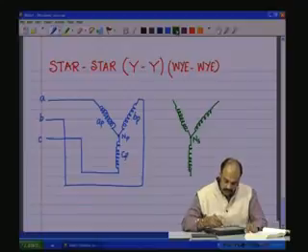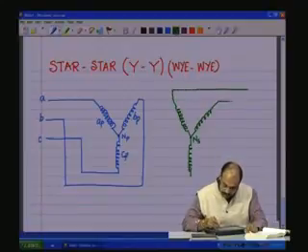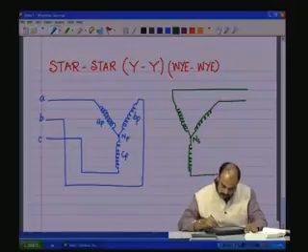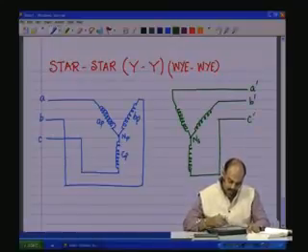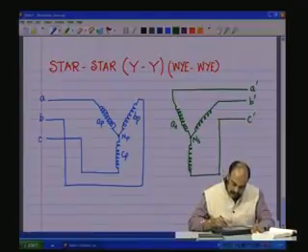Likewise, on the secondary side you have the A, you have the B, and you have the C as shown here. So, you have the A prime, the B prime, and the C prime. So, this is the AS coil, the BS coil, the CS coil.